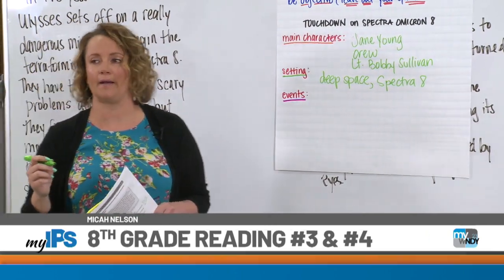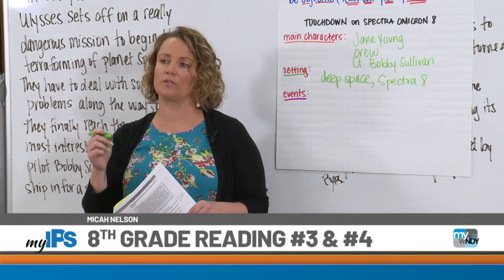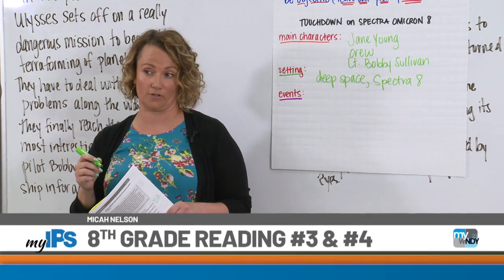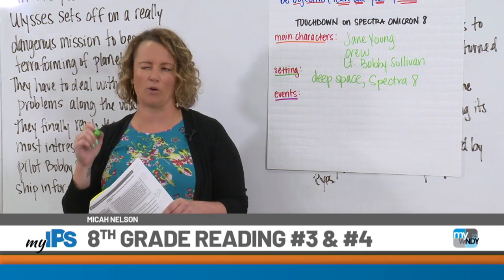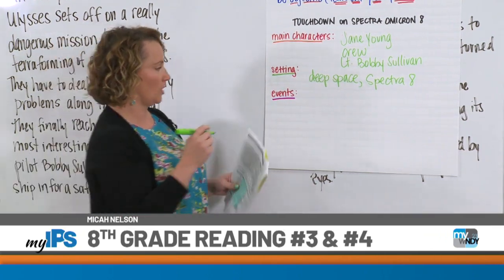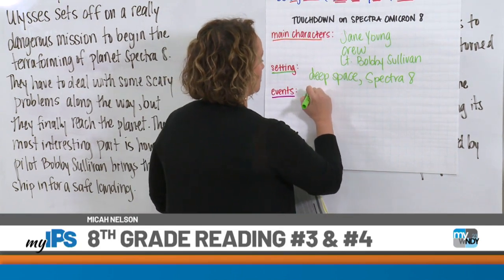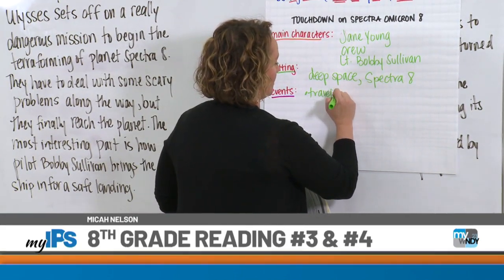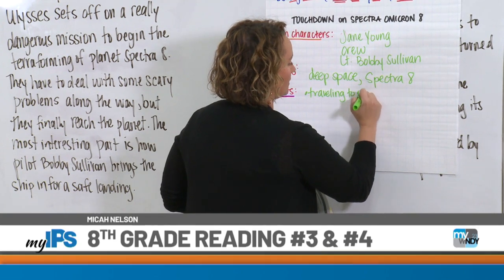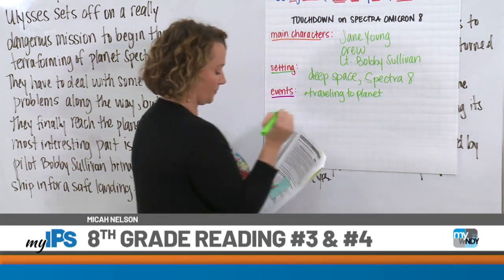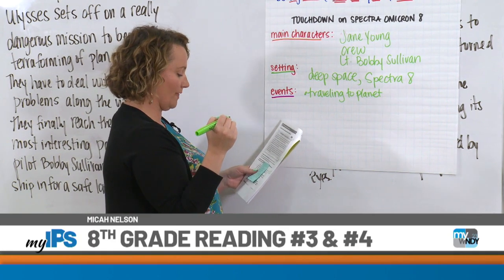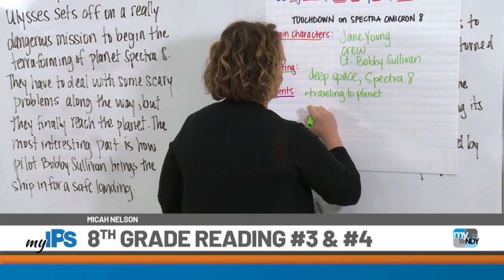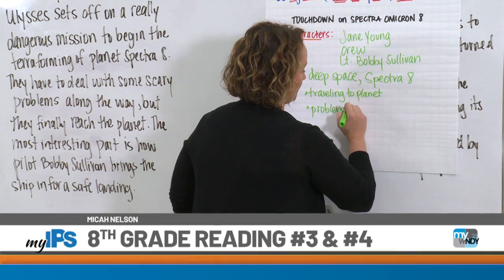And then we want to think about important events. So sometimes we get caught up in details of stories, but this time we want to think about what are those really important events. So we know that they are traveling to the planet. We know that they have problems along the way.